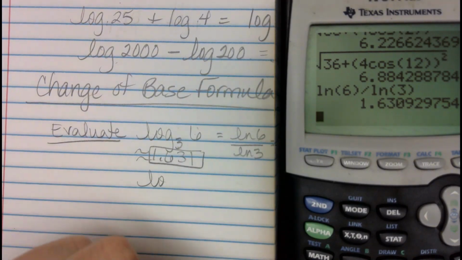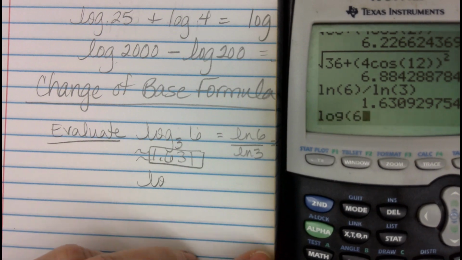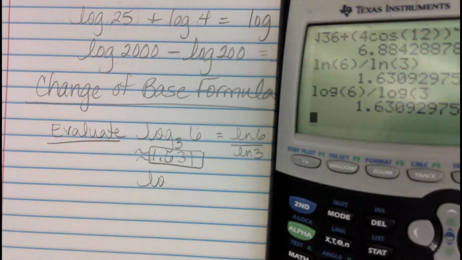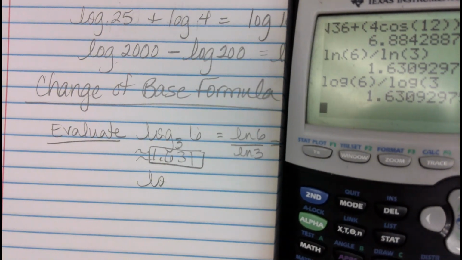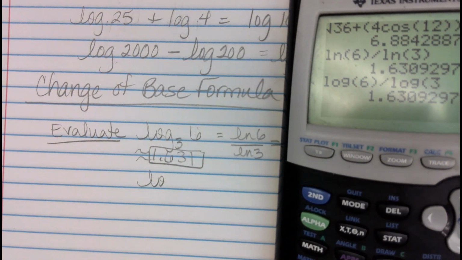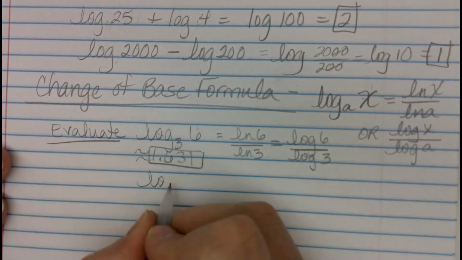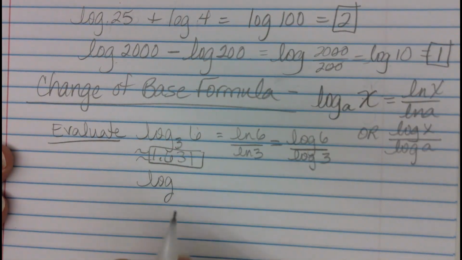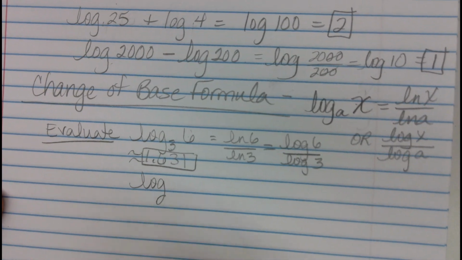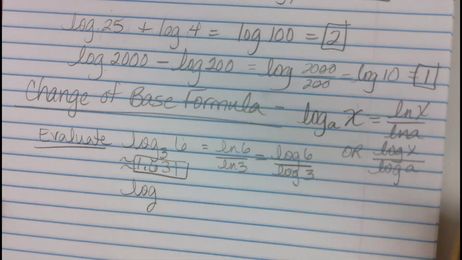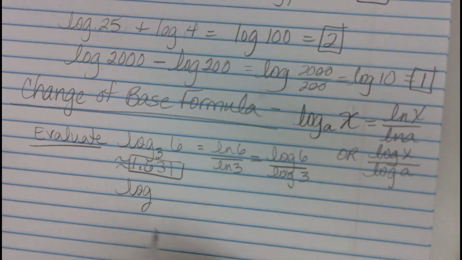Let's show it with the common logs. Same exact numbers, right? 1.5 was pretty daggone close without a calculator. It was only a tenth off. That's not bad.